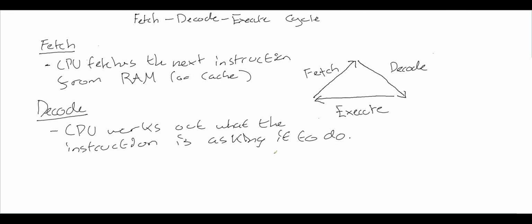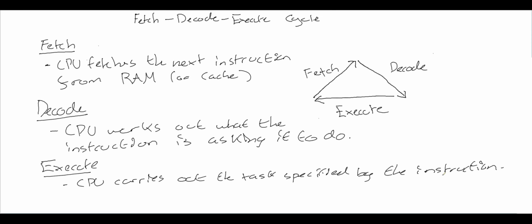And if it needs to load something from memory into a particular register, for example, it may need to fetch some additional data from main memory before it could execute the instruction. And we'll move on to looking at that in the execute part of the cycle.